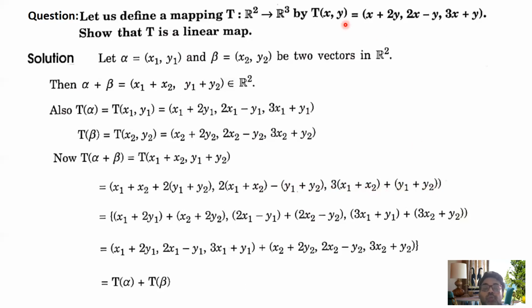So when you substitute this coordinate, x1 plus x2 is itself a single term. All x should be replaced by x1 plus x2, and all y should be replaced by y1 plus y2. Ultimately you have this result.